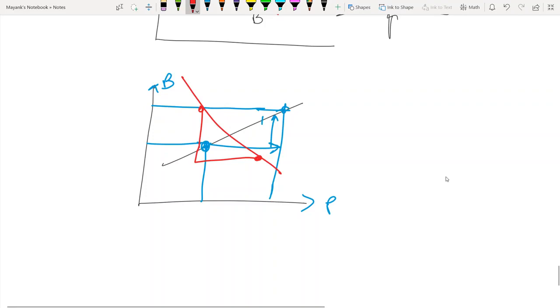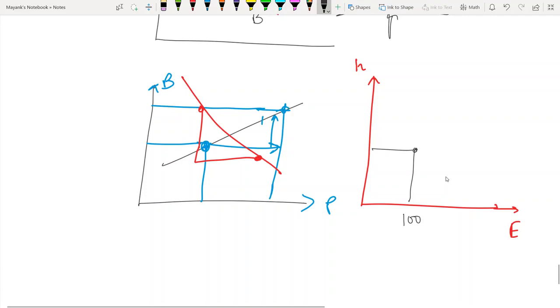But if, let's say, one of the commodities is a bad, let's say this is your earnings and this is the number of hours you work. Let's say this is one point where you are earning 100 rupees and you're working for 5 hours.